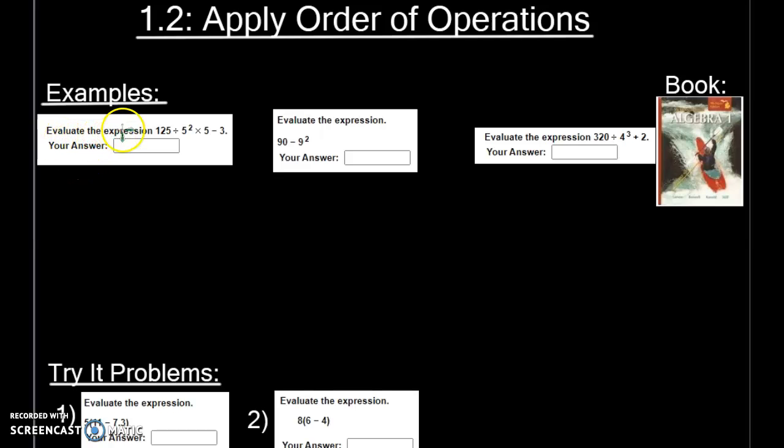They say evaluate the expression 125 divided by 5 squared times 5 minus 3.